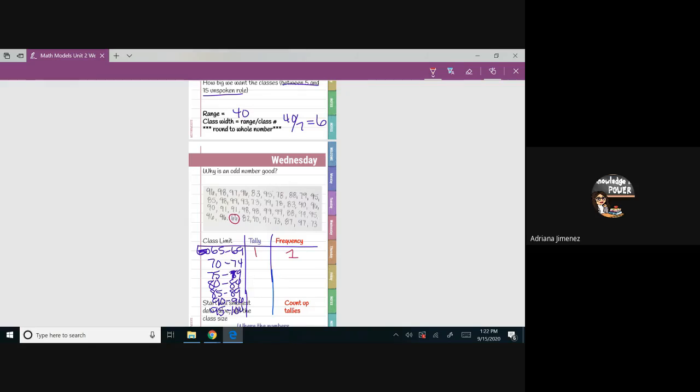I'm looking for all the numbers that are between those two. There's a 73, another 73, and another 73. So that's three numbers that fall between 70 and 74. I put 3 over here, and all I do is write 1, 2, 3 tally marks there.